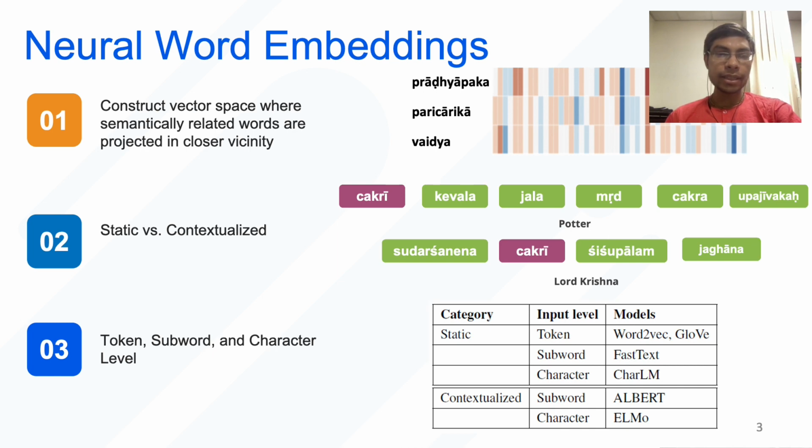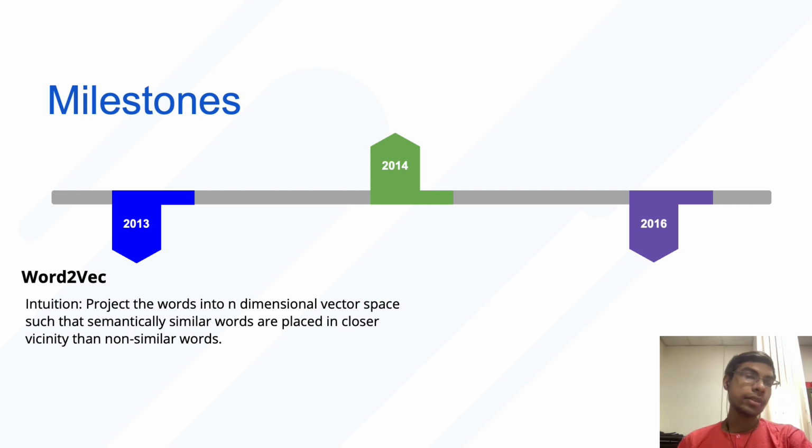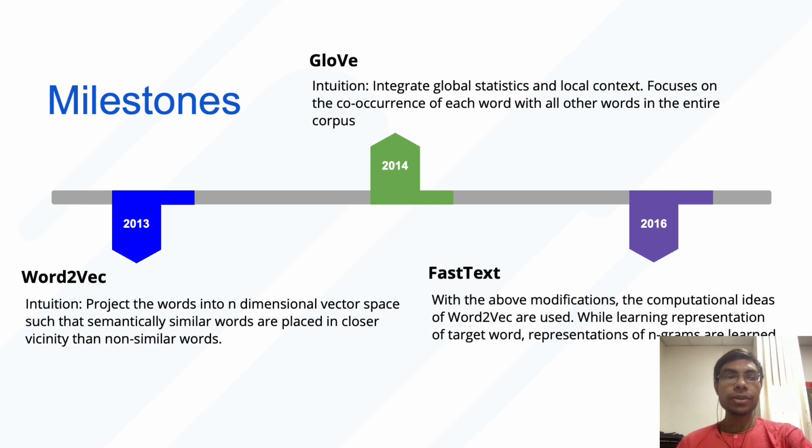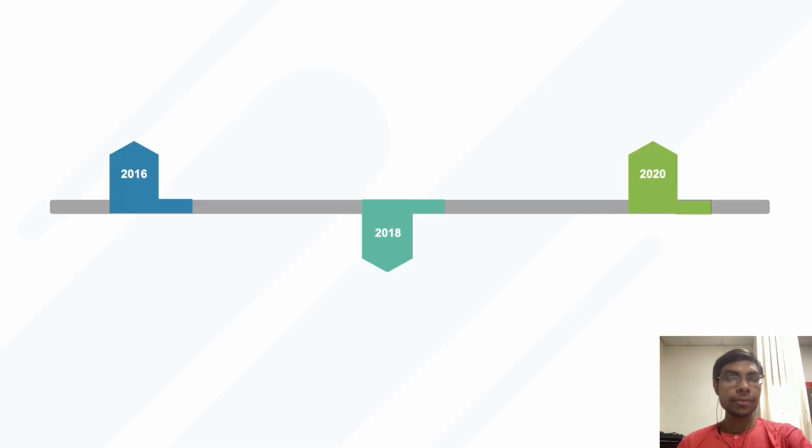They are, namely, in 2013 Word2Vec was proposed, which is based on distributional semantics. In 2014 global statistics were used in the GloVe approach, but both approaches suffer from the out of vocabulary problem. So in FastText, subword modeling was considered.